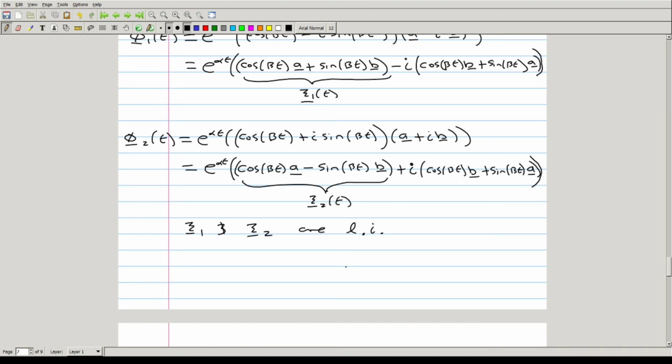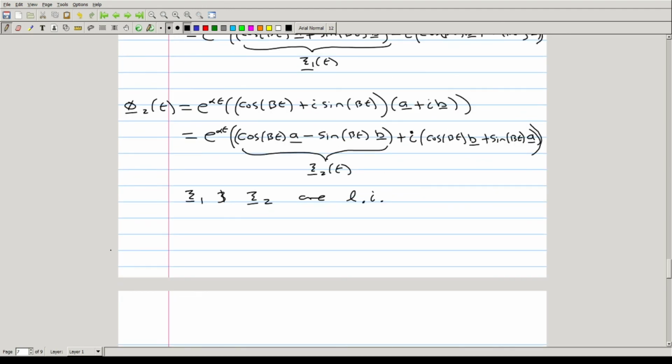But because of that, we can take xi1 and xi2 as fundamental solutions to our differential equation, and therefore our general solution, xi of t, can be written as c1 star times xi1 of t plus c2 star times xi2 of t, where c1 star and c2 star are new constants, not related to c1 and c2 from before.